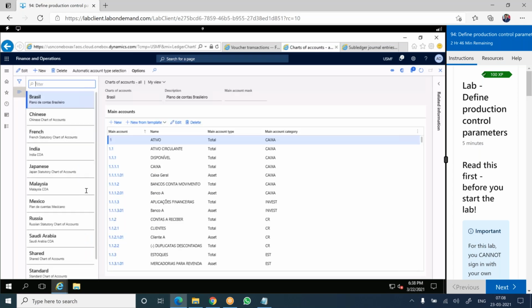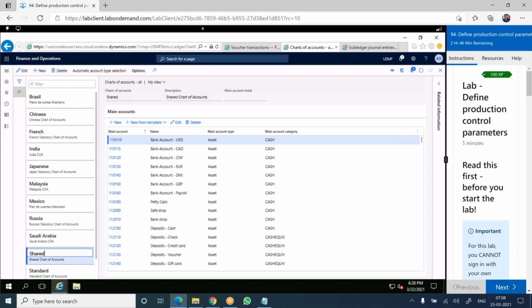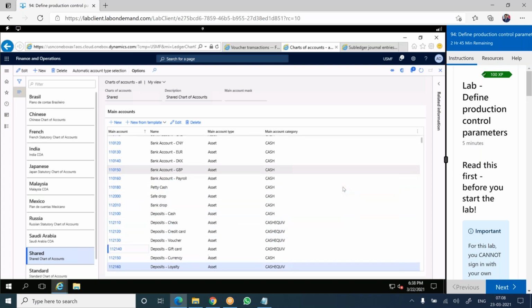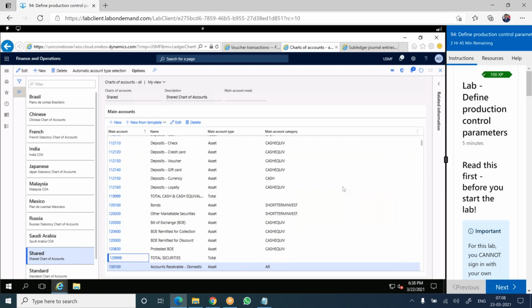So I will show you the shared chart of accounts. Here we'll have one series assets. I'm scrolling down. All one series is assets.